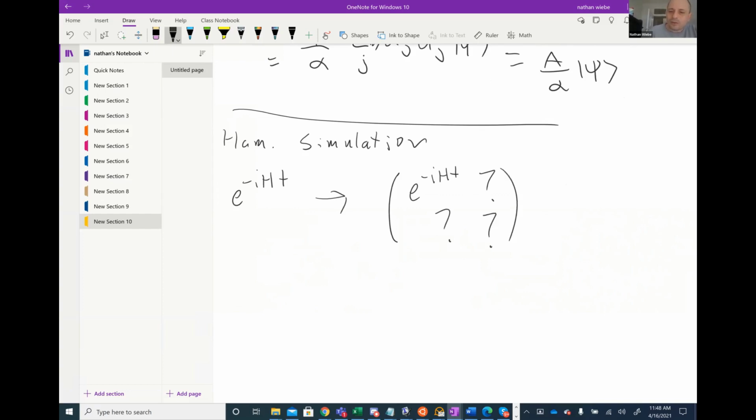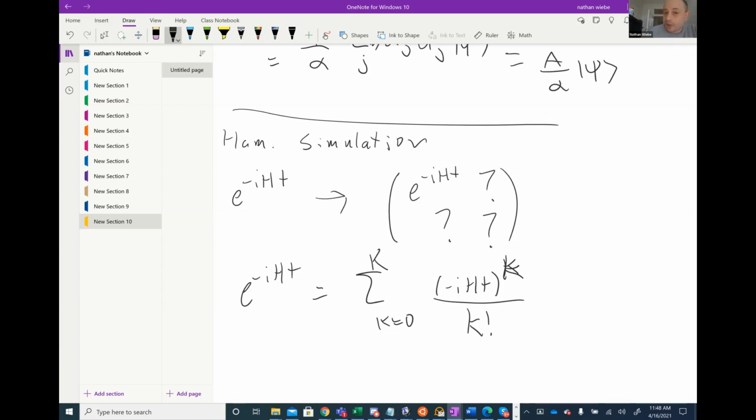Well, what we can do in this case is approximate e to the minus iHt using a Taylor series. So we can write e to the minus iHt as the sum from k equals 0 to some final value, capital K, of (negative iHt) to the little k, over k factorial.